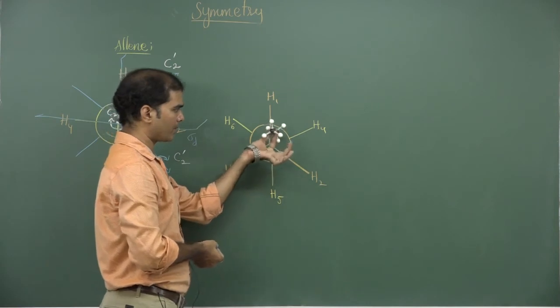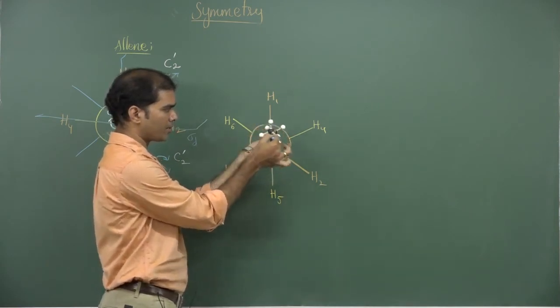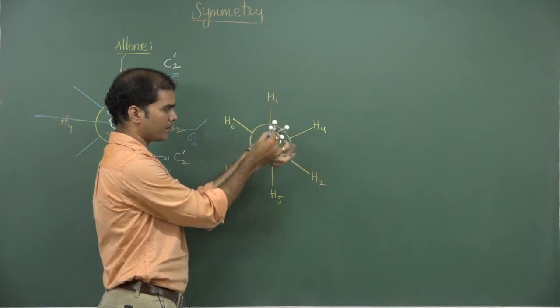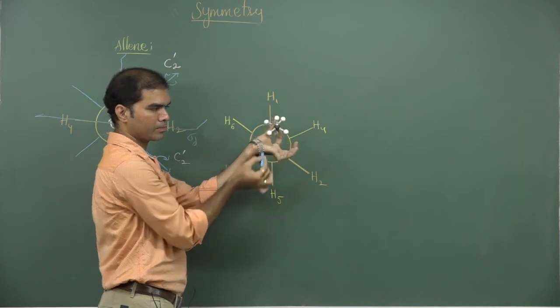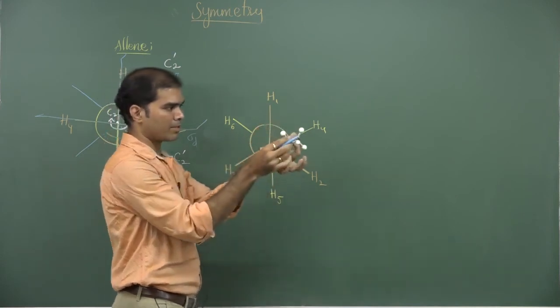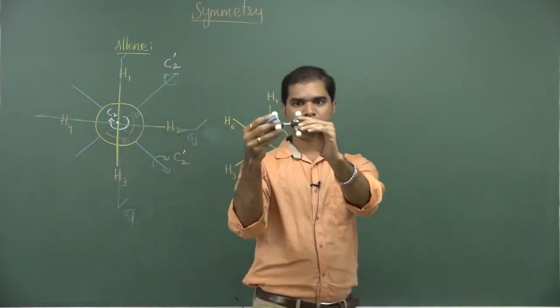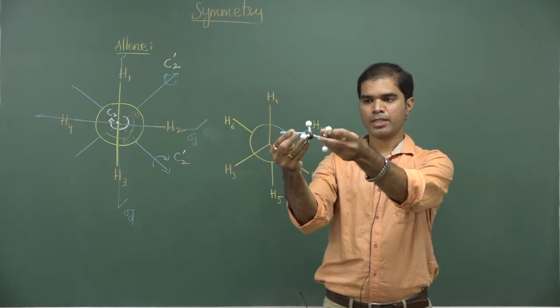This is the molecule. From here we can identify there is a triangular relation, so we can have a C3. C3 is possible, that is passing through the two carbons. From sideways also I am showing you, there is a C3 that is present.